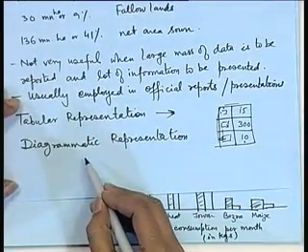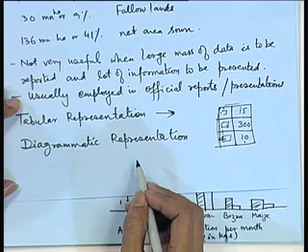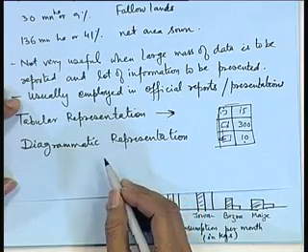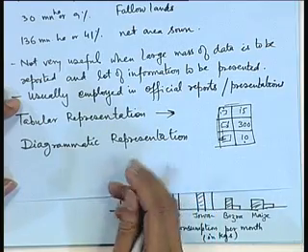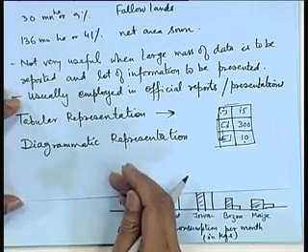One of the most popular forms of representation of the data is diagrammatic representation, where we make use of certain diagrams to effectively tell the situation about that particular data.